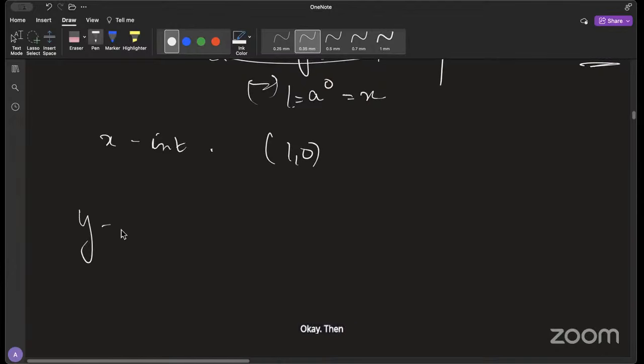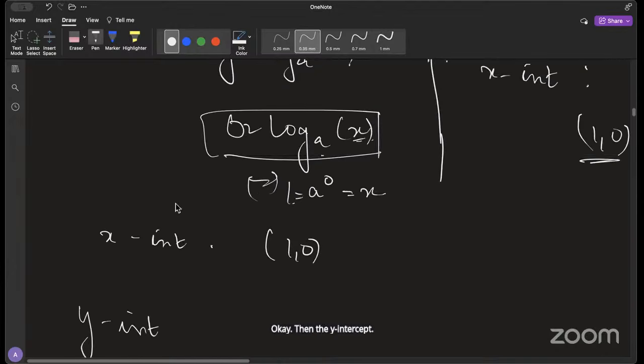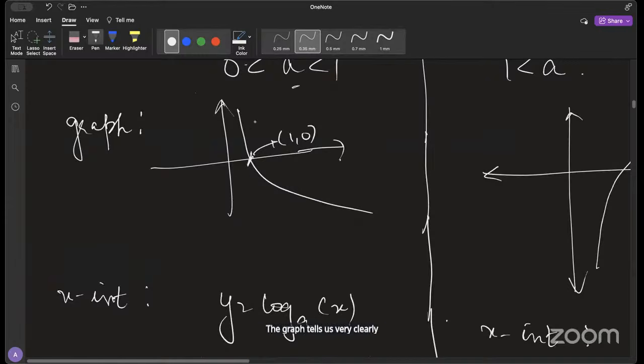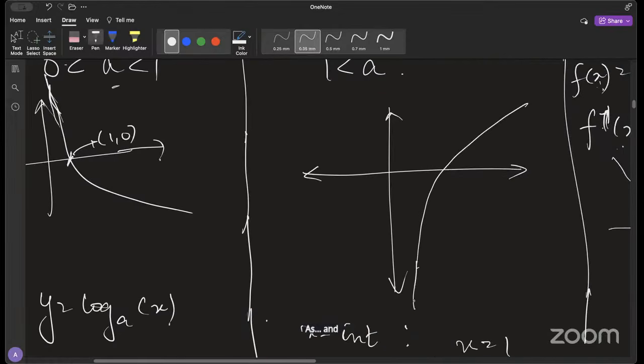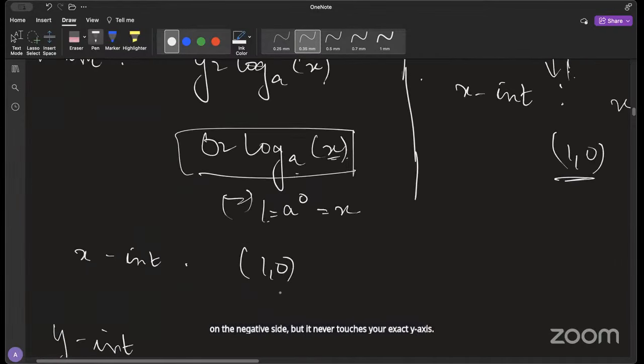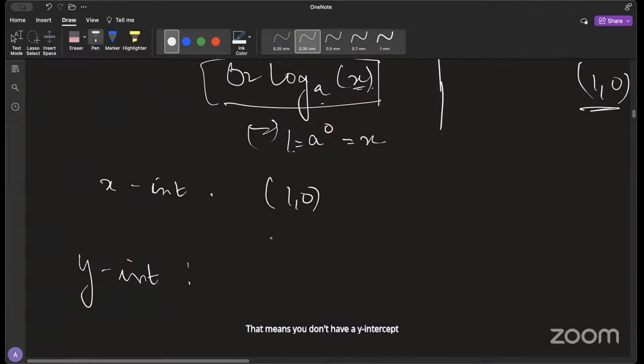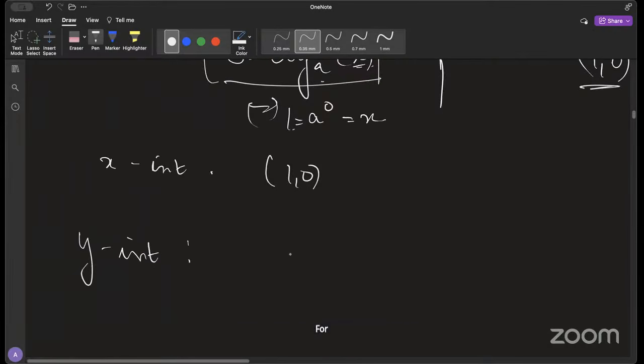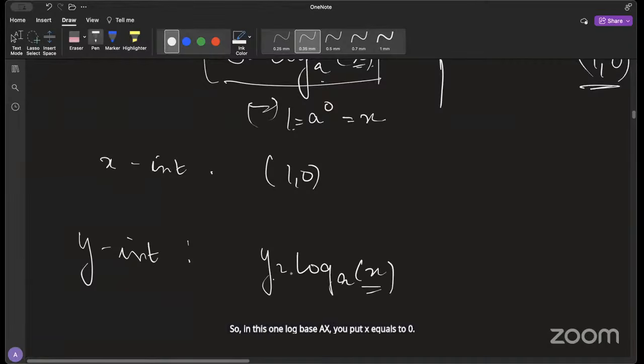Then the y-intercept. The graph tells us very clearly that we don't have a y-intercept here. This keeps coming closer to your y-axis, and this one keeps coming closer to your y-axis from here on the negative side, but it never touches your y-axis. That means you don't have a y-intercept. But let's see. For this, you put x equals 0 in log base a x and then find the value of y.